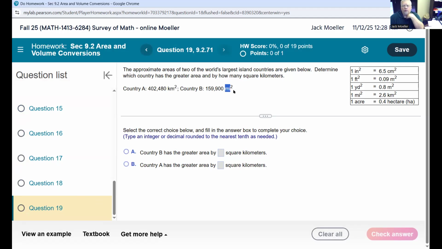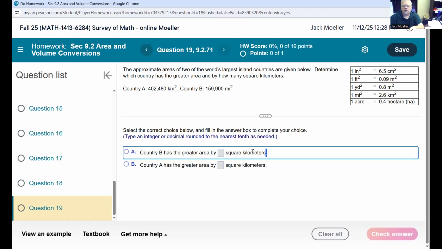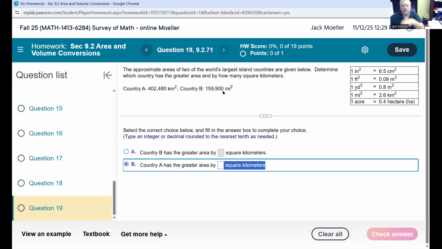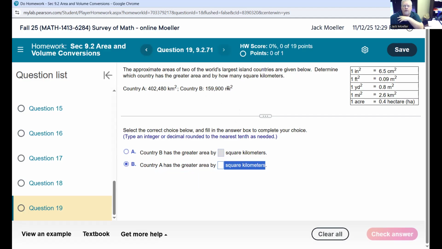So to be able to compare them, they both need to be either both kilometers squared or both miles squared. Well, which one do you go to? The problem is asking in terms of square kilometers. So what you need to do is convert country B to square kilometers. How do you do that?